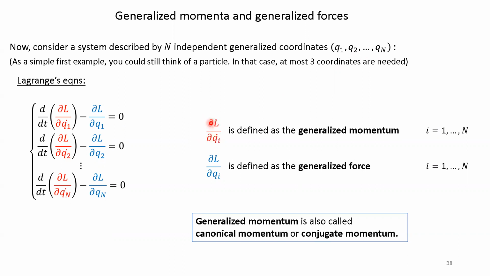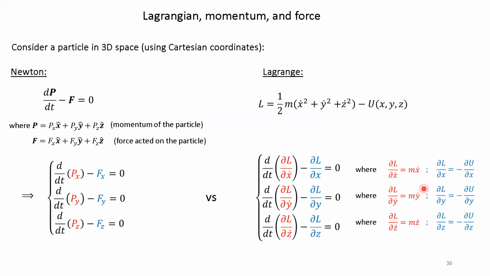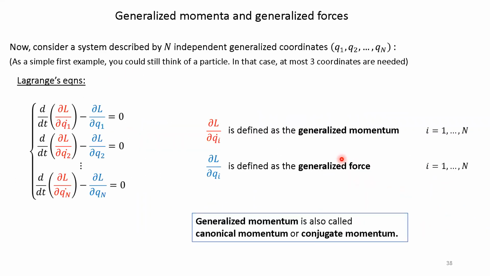Now you have partial L partial q dot, and of course this may not give you the linear momentum. You could imagine that if you're using the theta coordinate, then you are not going to get the mx dot, my dot, and so on. You're going to get theta dot.